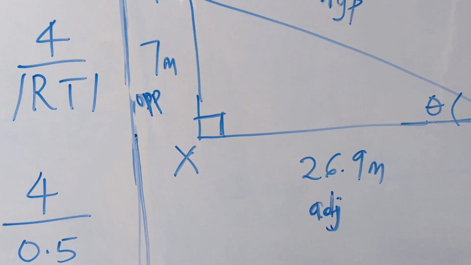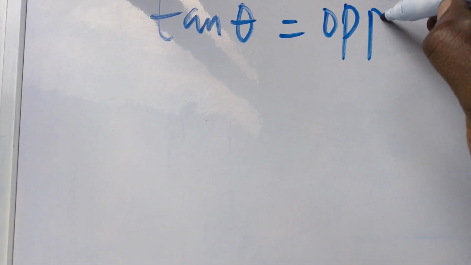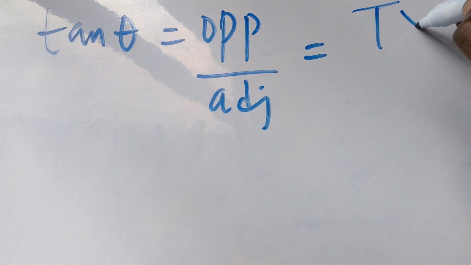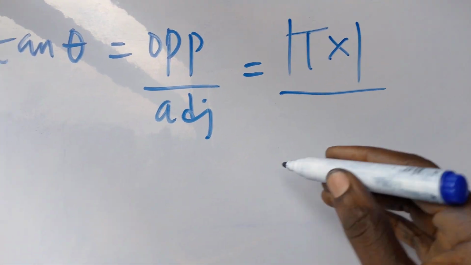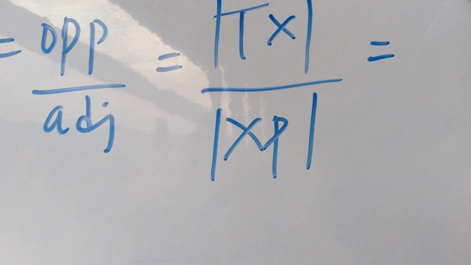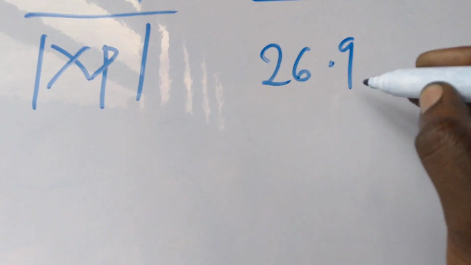So tan theta is the opposite side over the adjacent. The opposite side in that diagram is TX, and the adjacent side is XP. TX is 7 meters and XP is 26.9.